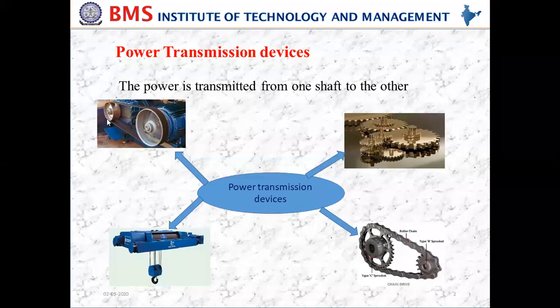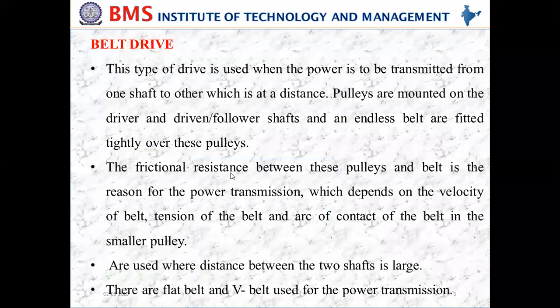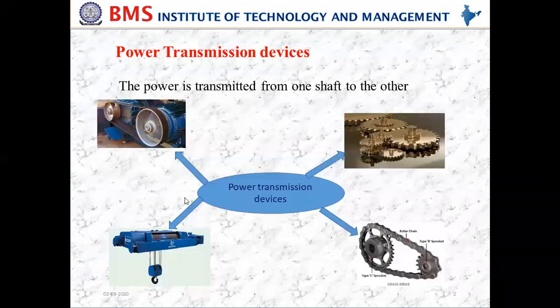The frictional resistance or the frictional grip between the pulleys and the belt is the reason for power transmission. Without the frictional grip between the pulleys and the belt, we cannot transmit the motion or power between these driver and driven pulleys.